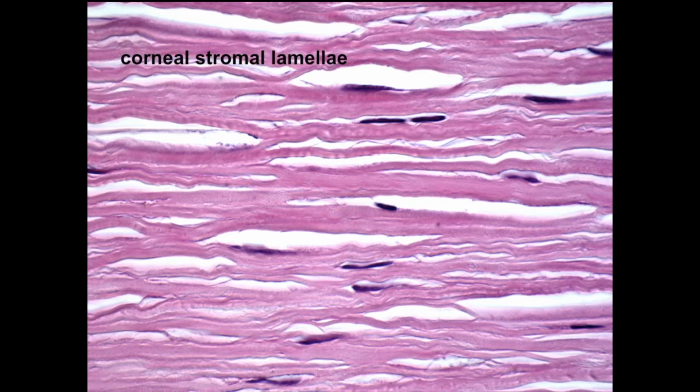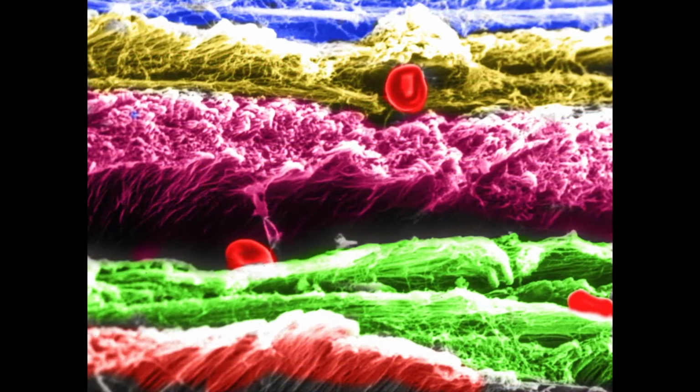A sparse number of keratocytes with flattened nuclei reside in the spaces between adjacent lamellae. Artifactitious clefts form between the lamellae when the tissue is processed for routine sections. This false colorized scanning electron micrograph shows that the collagen fibers in adjacent lamellae differ in their orientation.